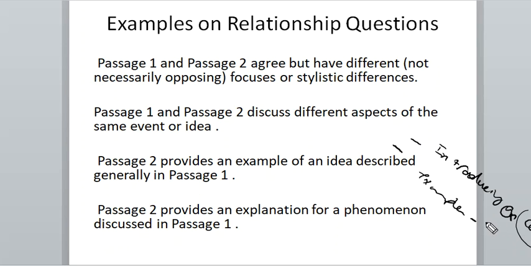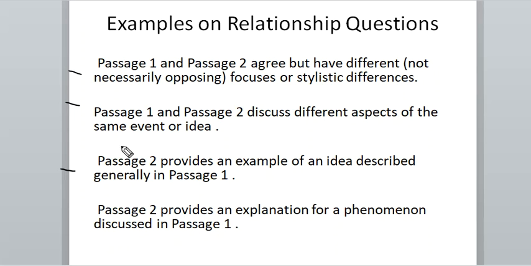It's just putting emphasis on the idea discussed previously in the preceding passage. Okay. So these are all types of relationships that we have to consider when having a paired passage. Passage 2 provides an explanation for a phenomenon discussed in passage 1. So this is another type of relationship. This is just to give you an insight on what relationship stands for in this context, of course.